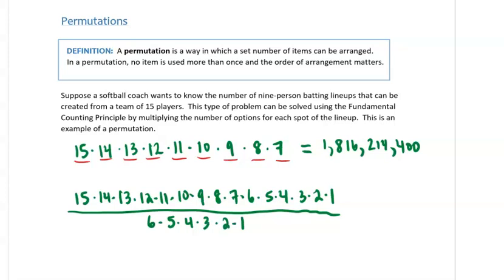And notice how this would work, because if we took 15 factorial and we divided it by 6 factorial, we would get the same calculation as was done above, because we would be able to simplify by canceling 6 factorial from the numerator and from the denominator. And so a shorthand way to come up with this same result would be to simply take 15 factorial and divide it by 6 factorial.